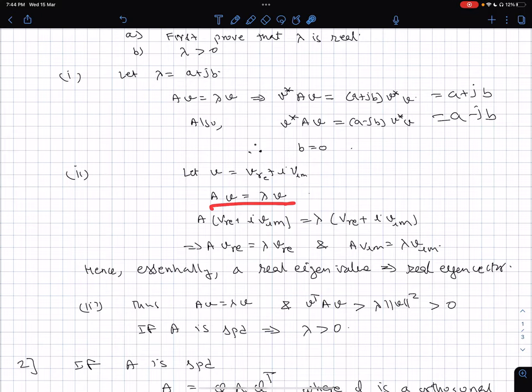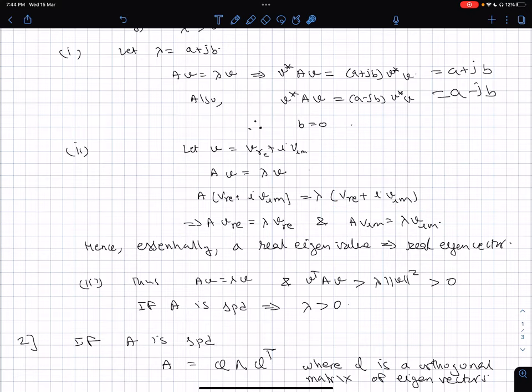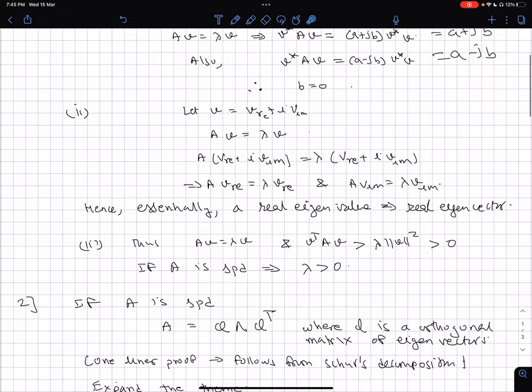I use the basic definition AV equal to lambda V, substituting V_re plus i V_im equal to lambda times of V_re plus i V_im. Now, since lambda is real, V_re is real, A V_re is real, so equating the real part, I get A V_re equal to lambda times V_re, and equating the imaginary parts, I get A V_im equal to lambda times V_im.